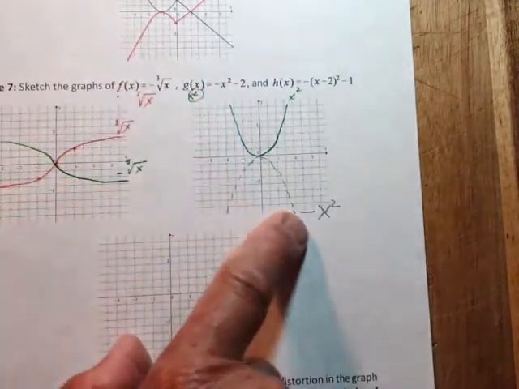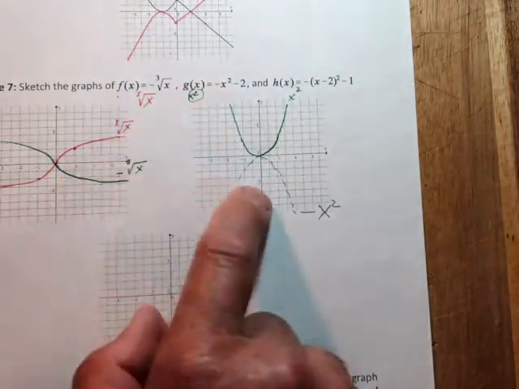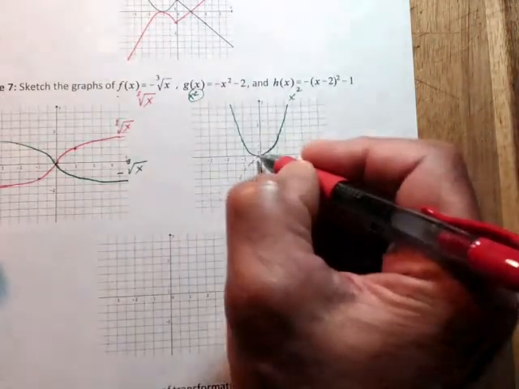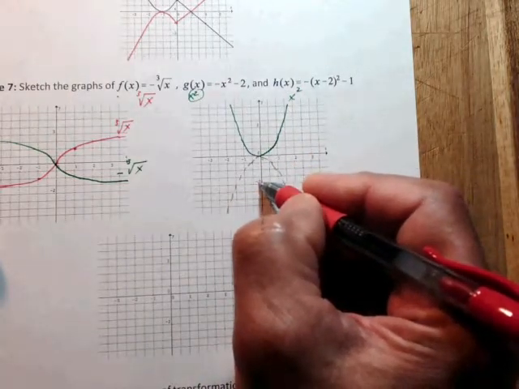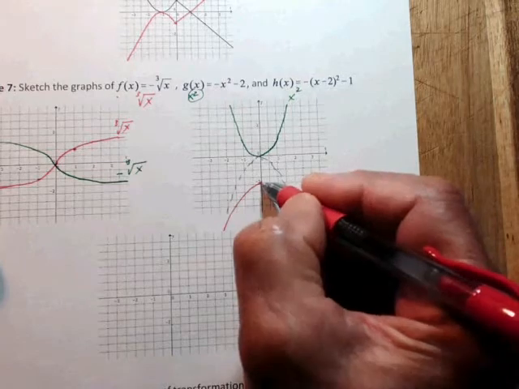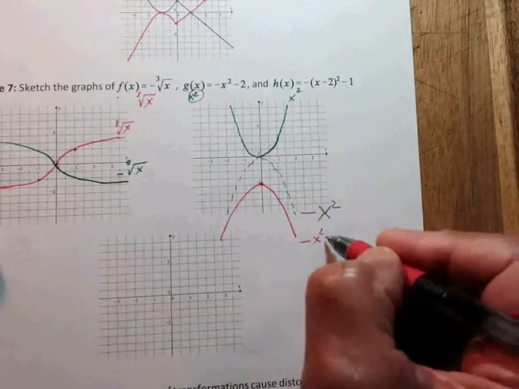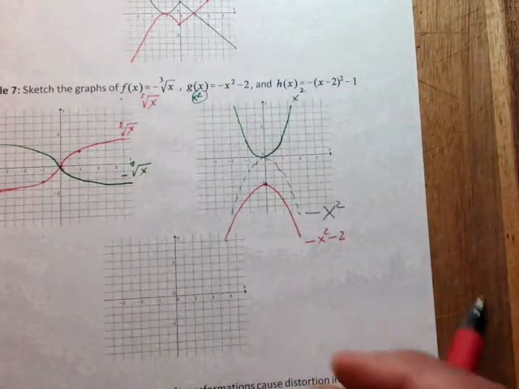Now negative x squared is your parent function, and then you subtract 2, so you move it down 2 units. So this point goes 1, 2, and it becomes like this. See, minus x squared minus 2. You see, so I moved it down. So 2 operations.